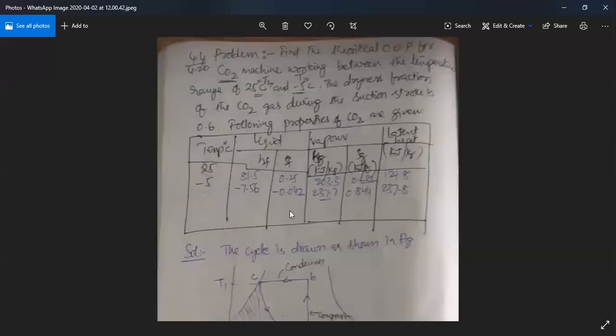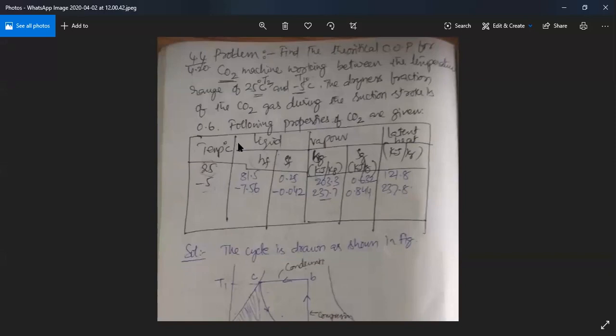Okay, so they will give the problem like this: find the theoretical COP for a CO2 machine working between 25 degrees to minus 5 degrees. Dryness fraction of CO2 during suction stroke, that means before entering the compressor, the dryness fraction they have given.